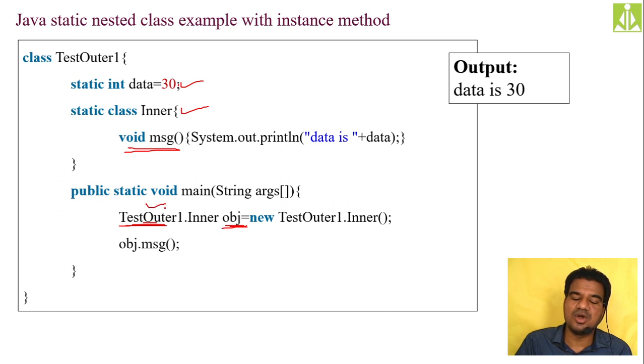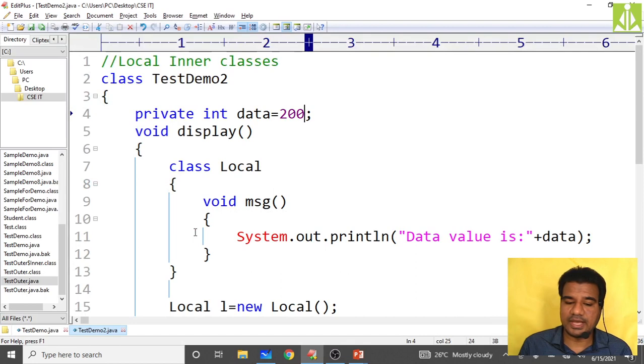We are directly depending on the outer class name itself, because the inner class is static, it is not non-static. If it is non-static, then we have to depend on the outer class object. As it is static, we need not depend on the outer class object. With the help of the outer class name only, we can create the object of the inner class, and using that inner class object, we are invoking the message. Very simple to implement, very simple to explain.